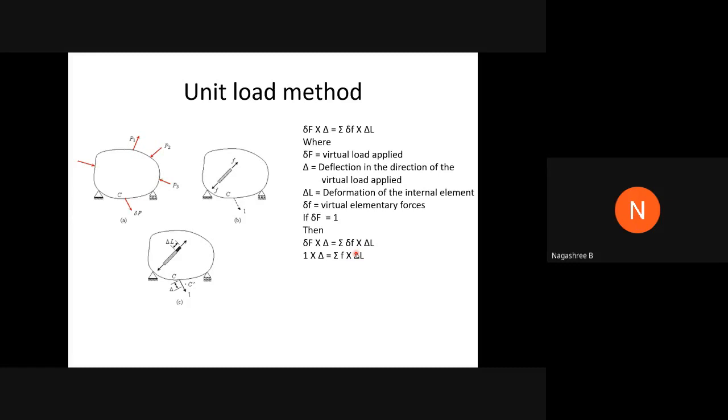Therefore, this method is called the unit load method. The left hand side represents the displacement of point C due to the unit load applied.